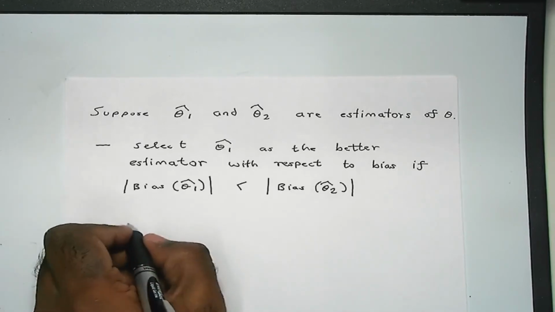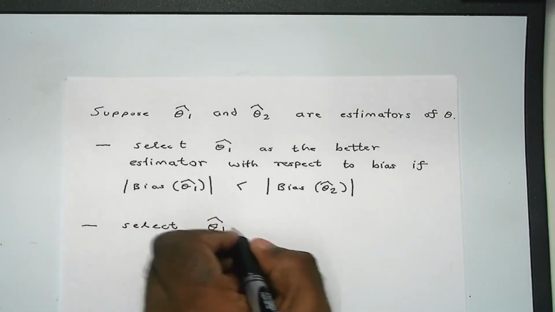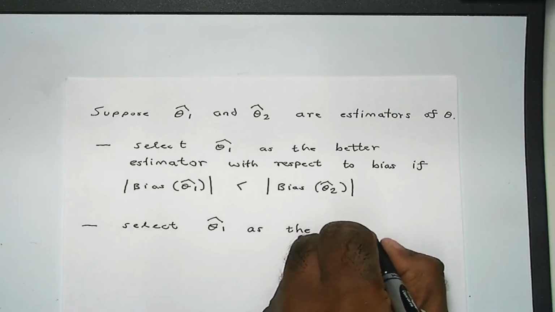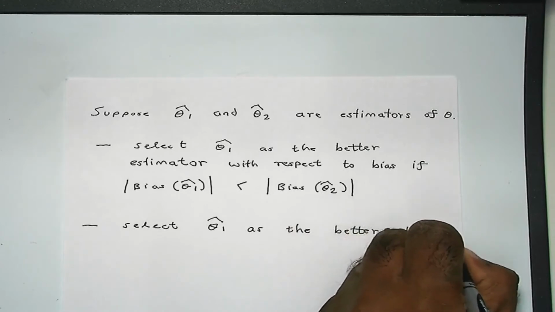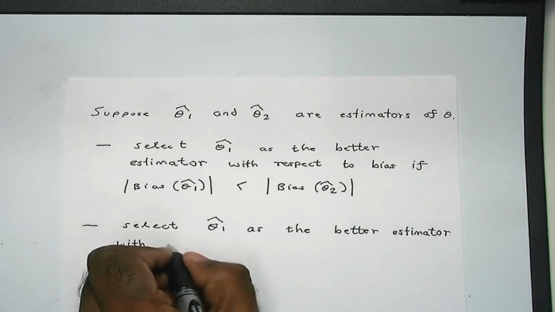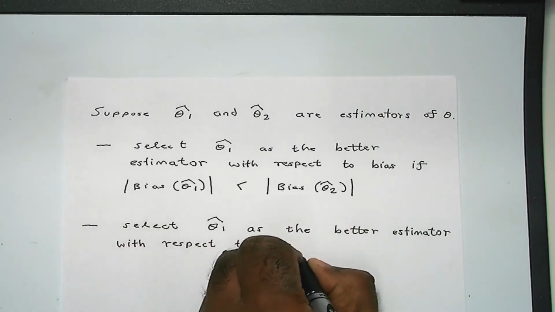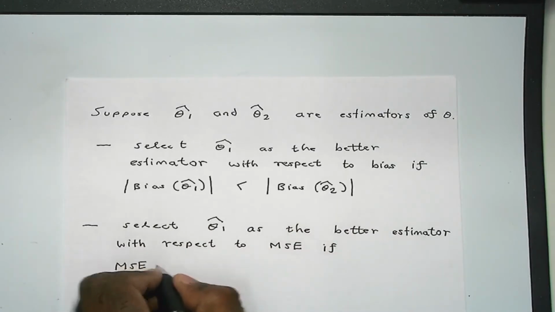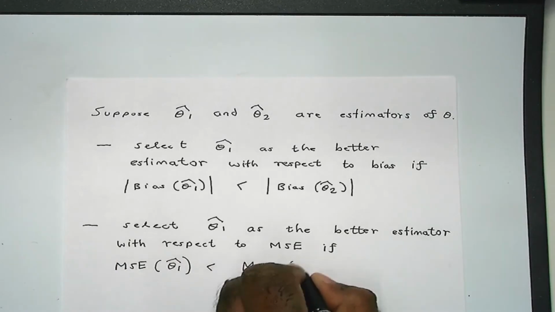And you will select theta 1 hat as the best estimate with respect to MSE if MSE of theta 1 hat is less than the MSE of theta 2 hat.